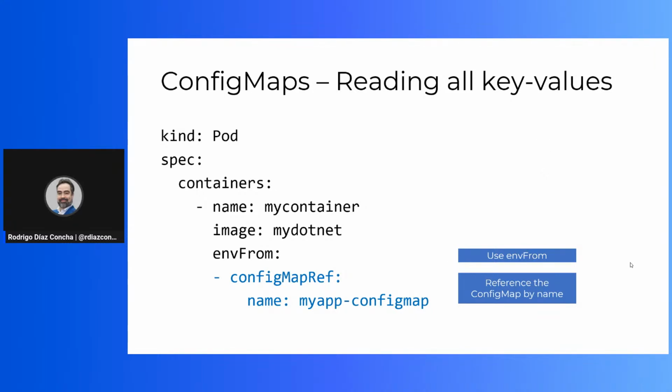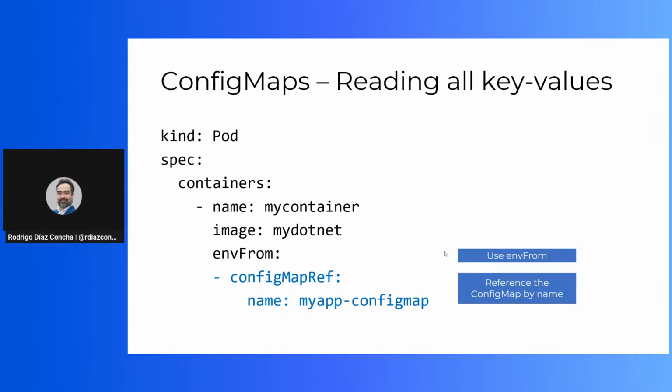It's using env from instead of env, and it's using this element named config map ref for referencing the entire config map object by name. So as you can see, we can do this env from using the config map ref and then specifying the name of the config map object that you want to use. Okay.